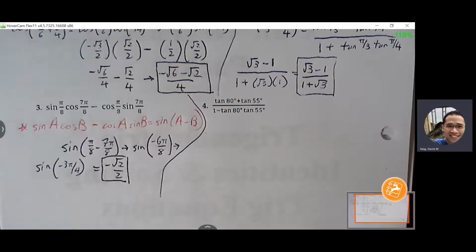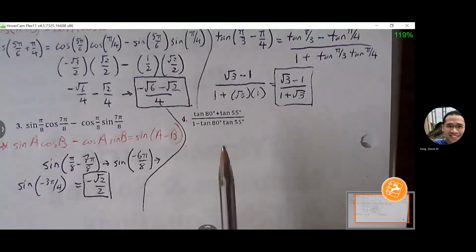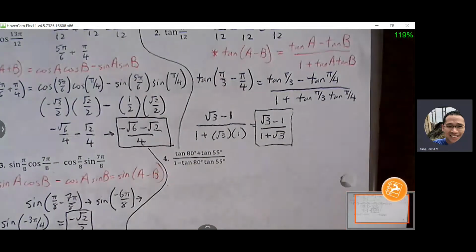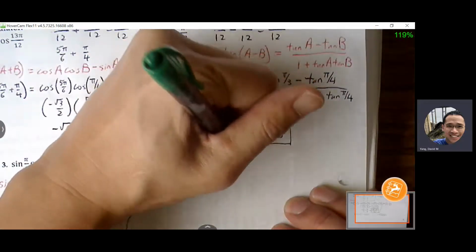All right, look at number 4. Looks like this matches nicely with the tangent of A plus B rule. Let me write that here.